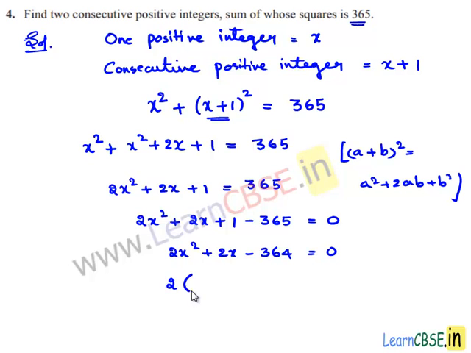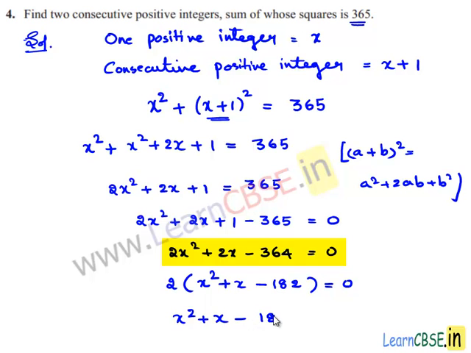Now 2 can be taken common. x square plus x minus 182 is equal to 0. So the equation becomes x square plus x minus 182 is equal to 0.